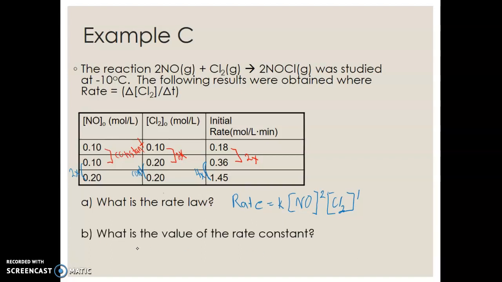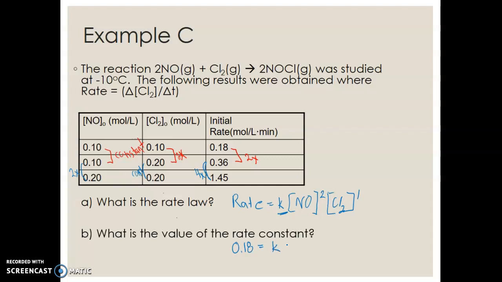So part B is asking, what is the value of the rate constant? What is the value of our K? So we can choose any line in our data to solve for K. So I'm just going to pick this first line. The initial rate is 0.18.